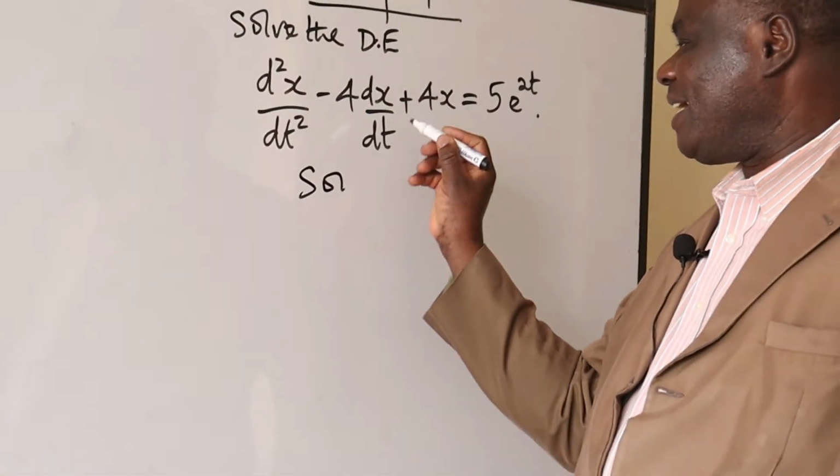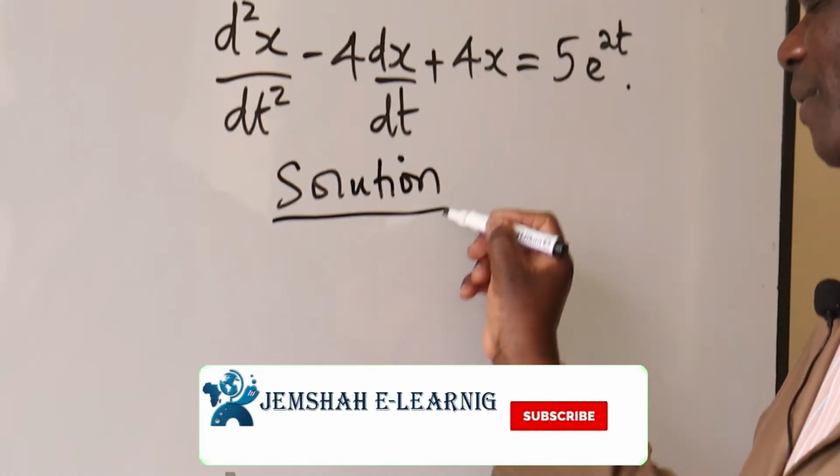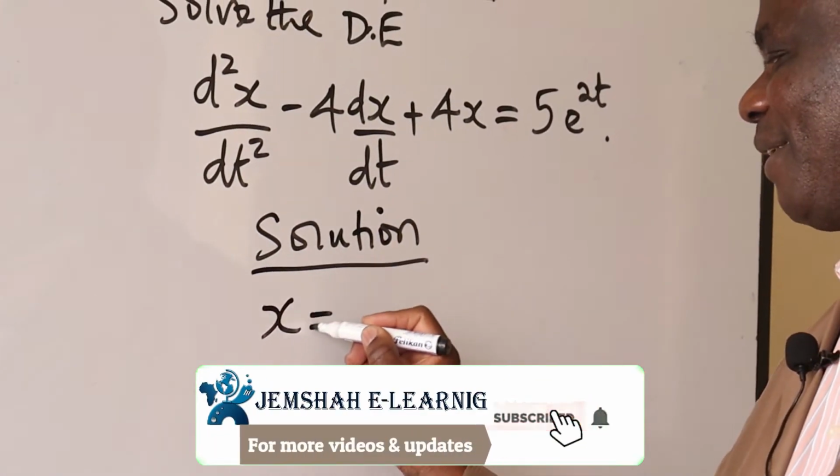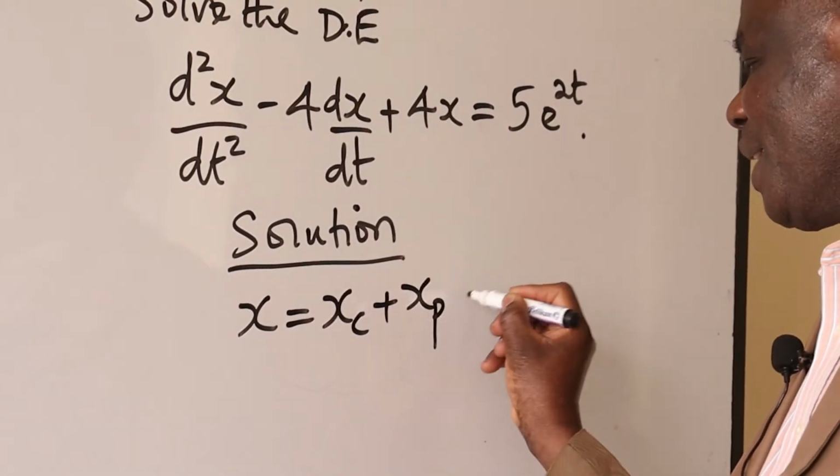So here x is a function of t. In our solution, we are solving for x, which will be equal to xc plus xp.